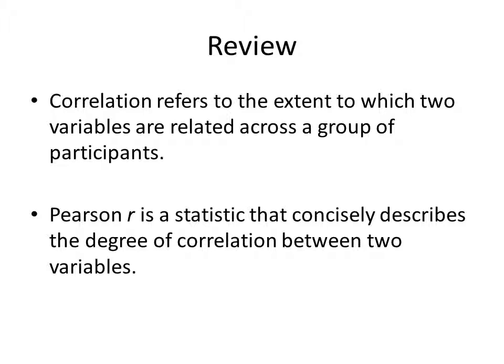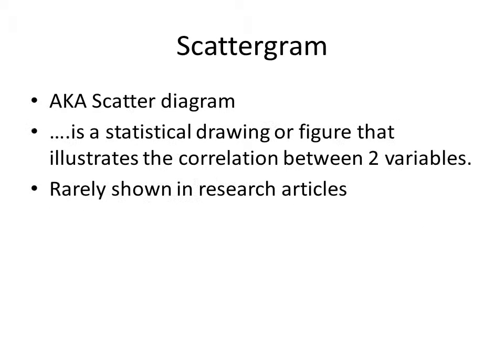And remember, the Pearson r is a statistic that concisely describes the degree of correlation between two variables, using a single numerical value to describe it. So let's now talk about a scattergram, also known as a scatter diagram.